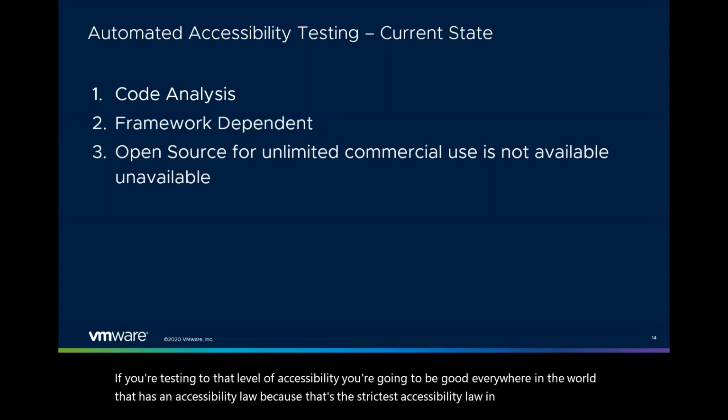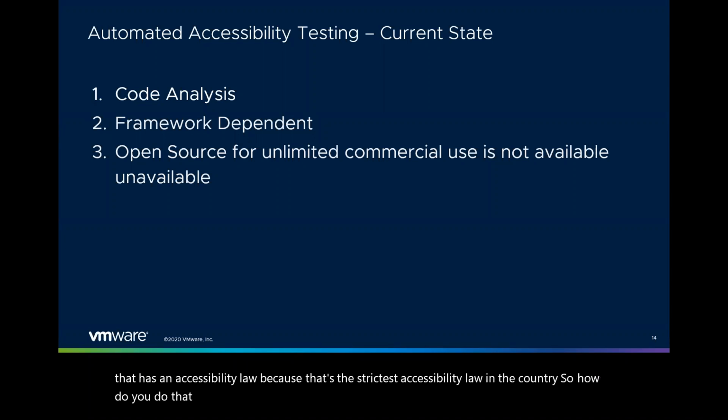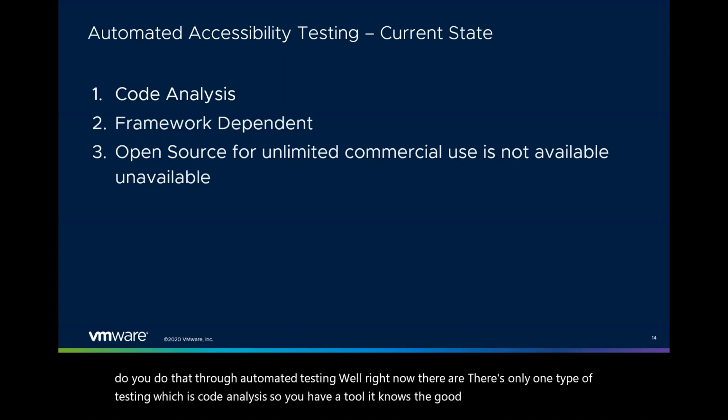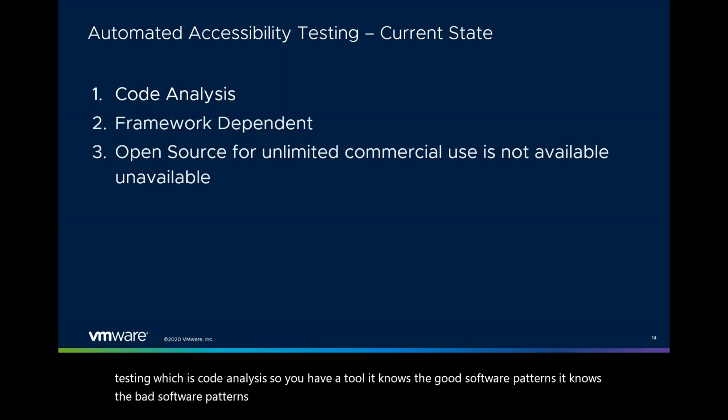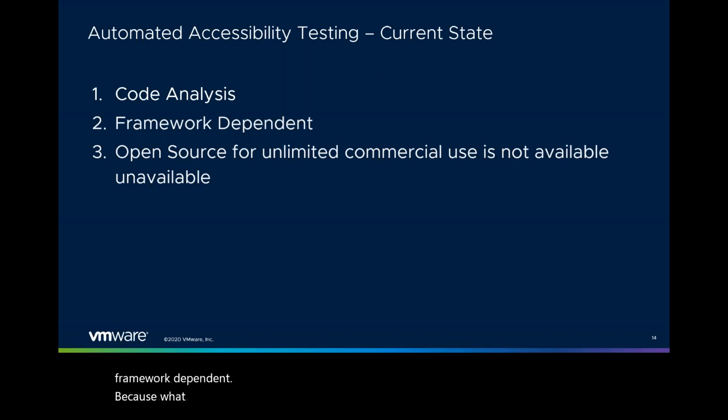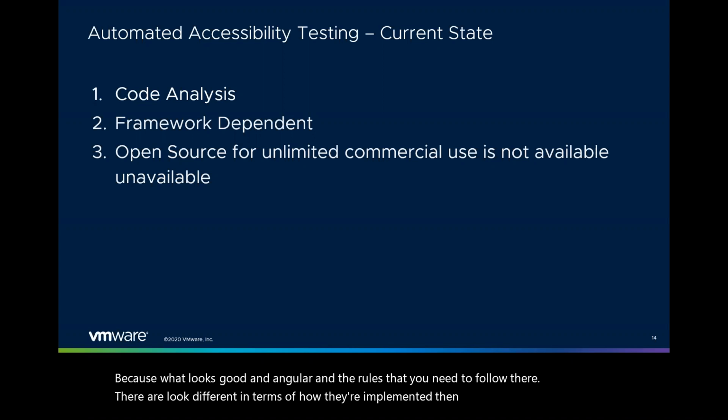So how do you do that through automated testing? Well, right now, there's only one type of testing, which is code analysis. You have a tool, it knows the good software patterns, it knows the bad software patterns, it looks for them, and it analyzes the code. However, that's framework dependent, because what looks good in Angular, and the rules you need to follow there, look different in terms of implementation than the code you might be implementing for Swift or for React.